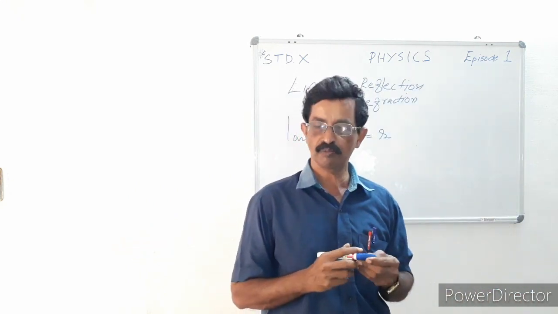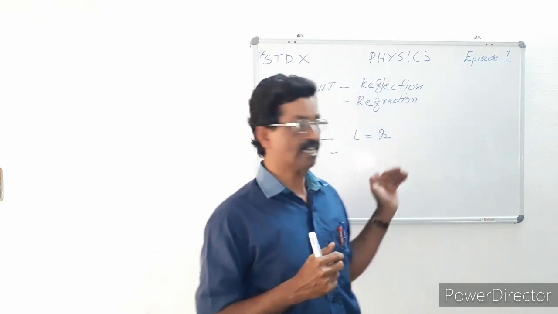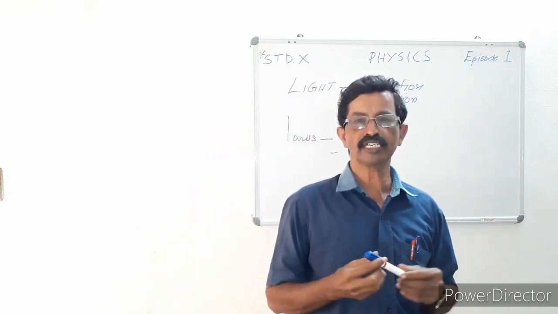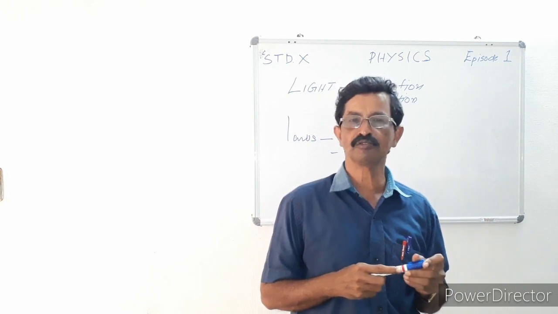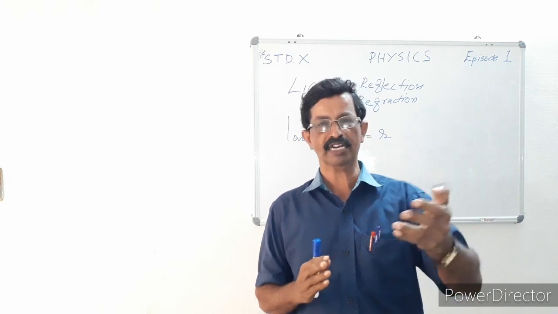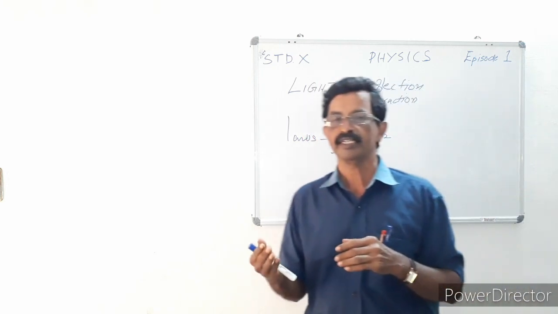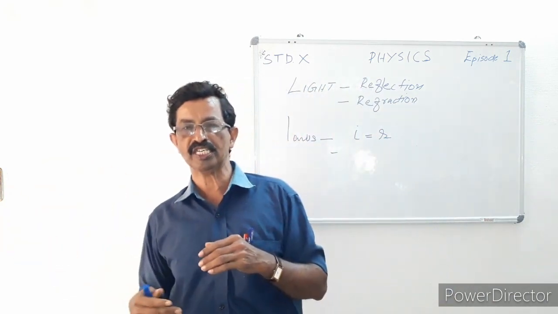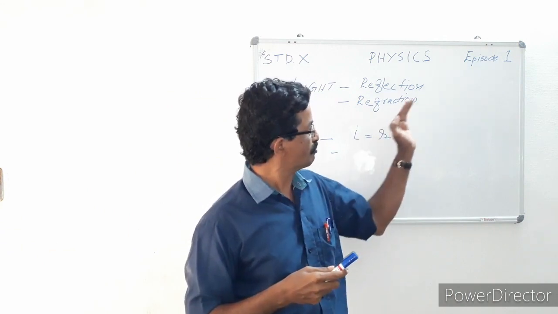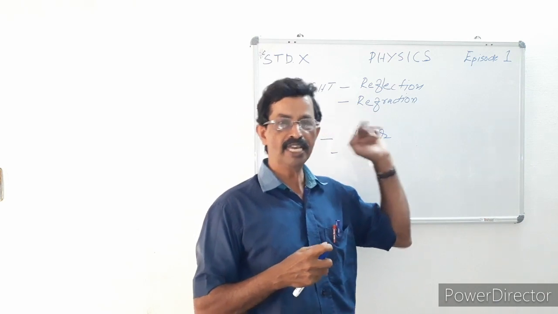And one more property of reflection by a plane mirror is that the distance from the object to the mirror is always equal to the distance from the mirror to the image. These are the reflecting properties of a plane mirror.